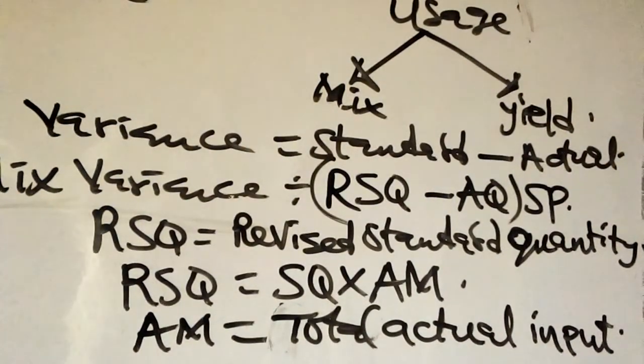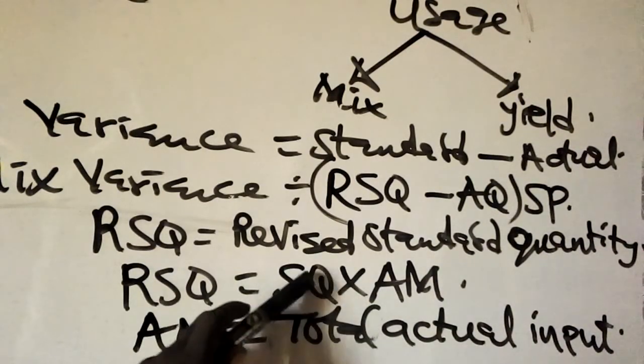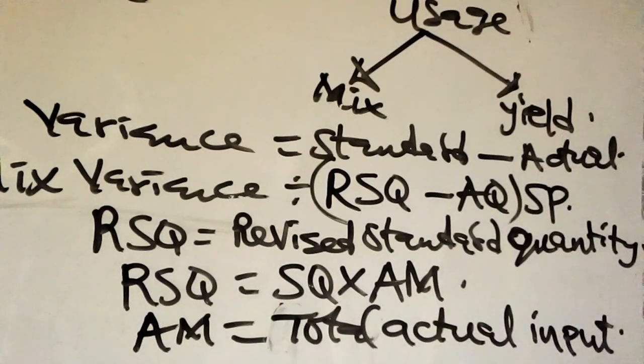You sum up the total for all the components of material used in production, and that will give you the actual mix. Then we apportion it using the standard quantity. So that is the revised standard quantity.